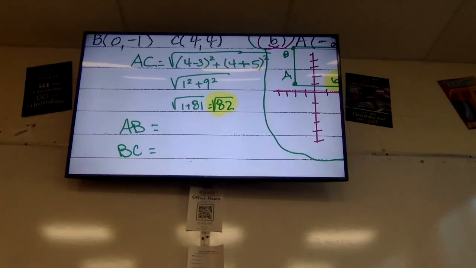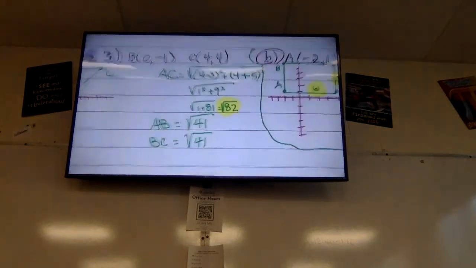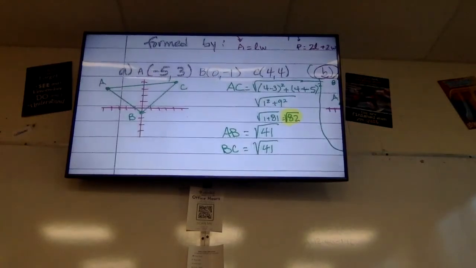You got square root 41. Perfect. And then somebody who did BC, can you tell me what you got? You had square root 41 too. Okay, awesome. Everybody look at the board. Did you get the same answer as me and what Dervilla did? Okay.